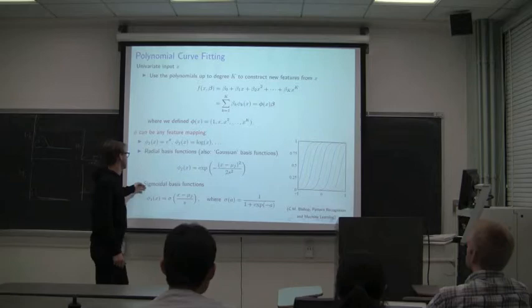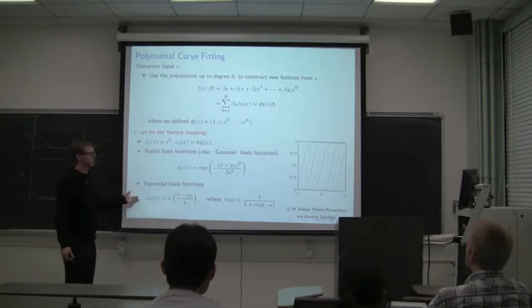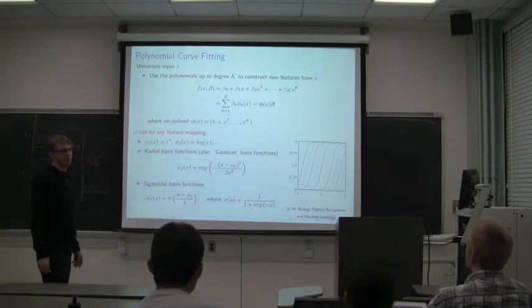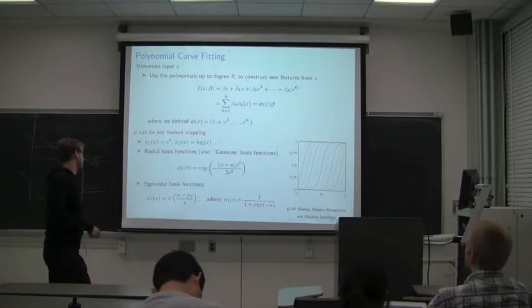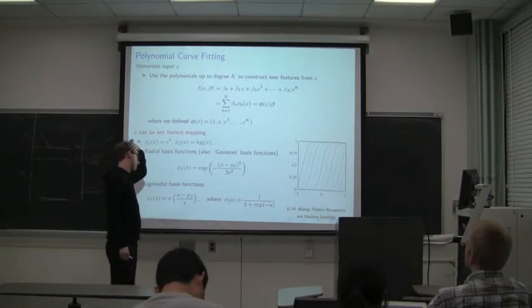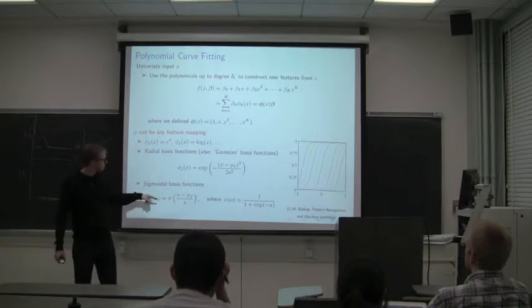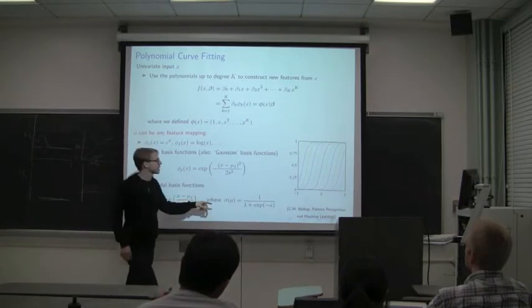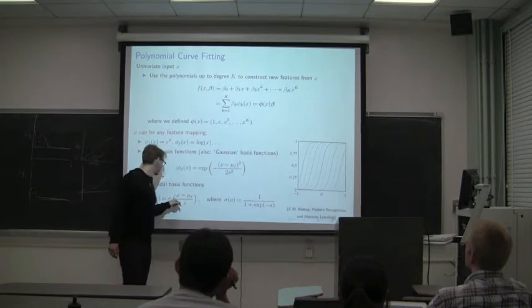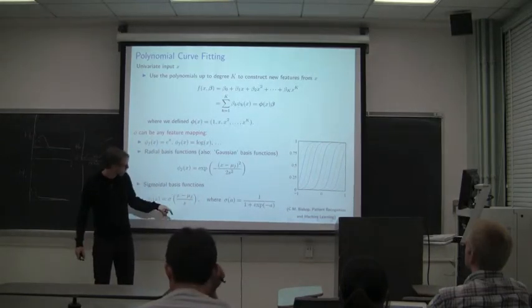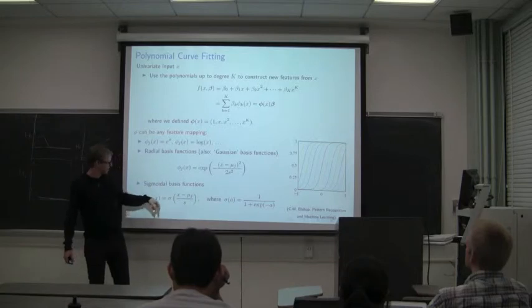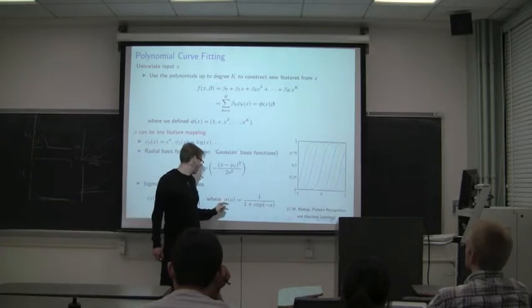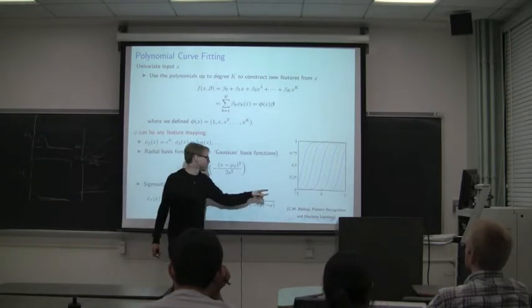Or we might use some sigmoidal basis functions. That is, for example, done a lot in neural networks. They do a regression using sigmoidal basis functions on your data, where you again place the sigmoid at some point in x, which corresponds to the mu, and then you measure the distance between this mean of the sigmoid and your x, again divided by some scale, and plug that whole thing into one of those sigmoids.